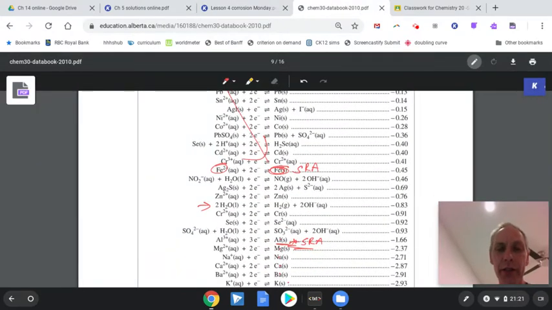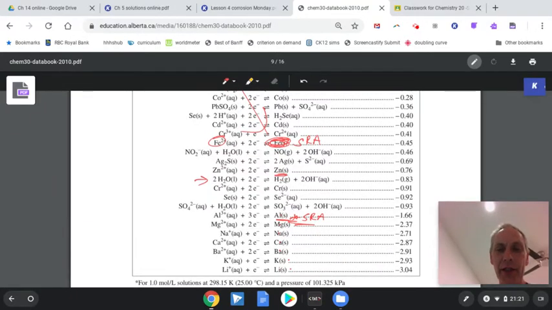Okay, here's iron, and here's zinc, which is even stronger than iron. Or even better, here's magnesium. So zinc and magnesium are really strong reducing agents.